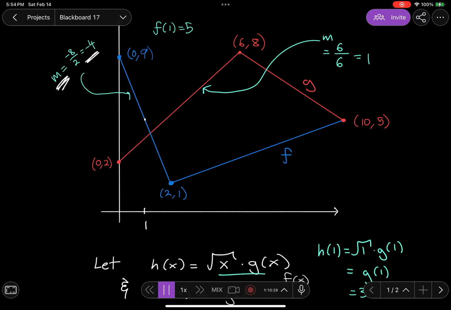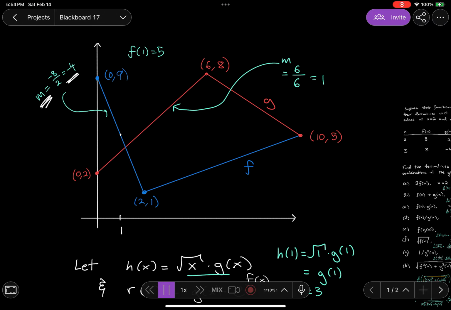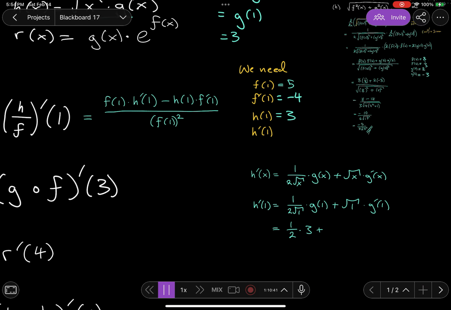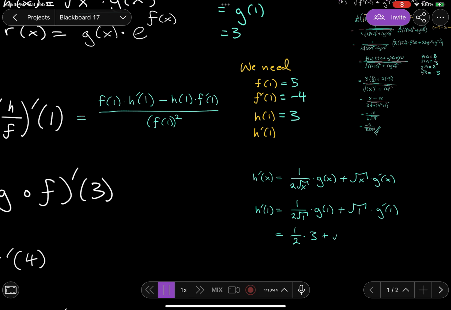But that is the slope of this red graph at 1, and we already have the slope: rise of 6, run of 6, which means 1. Oh my gosh, so many 1s. So this is 3 halves plus 1, which is the same thing as 5 halves. Let's go.